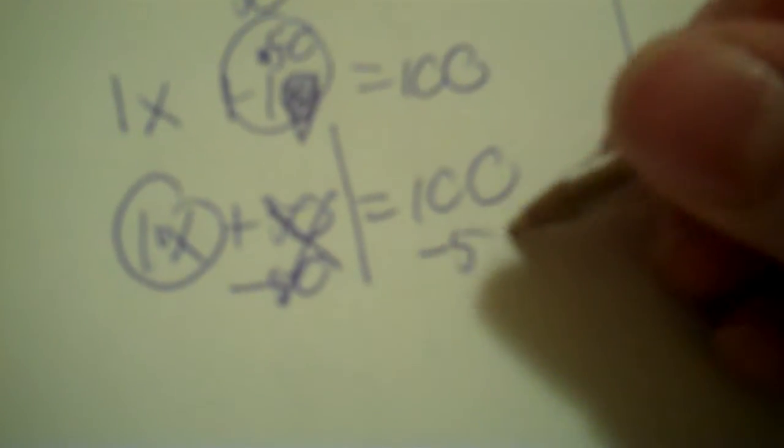Then write your other one. 1x plus 1y equals 100. So 50 is going in for y. 1 times 50 is 50. So 1 times x equals 50. Divide by 1, divide by 1, that's 50.